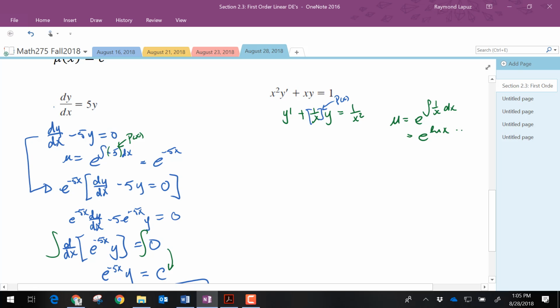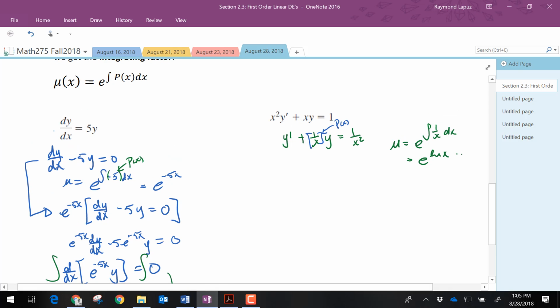And so we don't do a plus c when we find the integrating factor. Okay? So we'll just leave it as e to the ln x, which is equal to what? So mu is just equal to x, so that's our integrating factor.